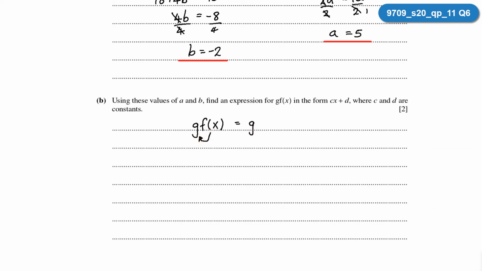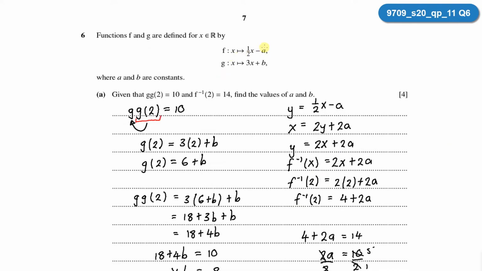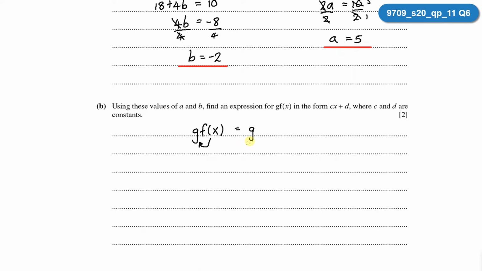So what is f of x? From the information given, f of x is half of x minus a. So that's g of half of x minus a. So I'm inputting half of x minus a into the function g.